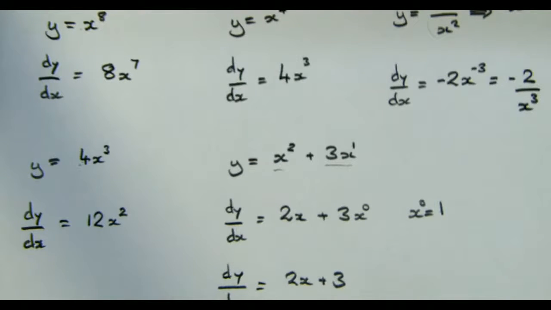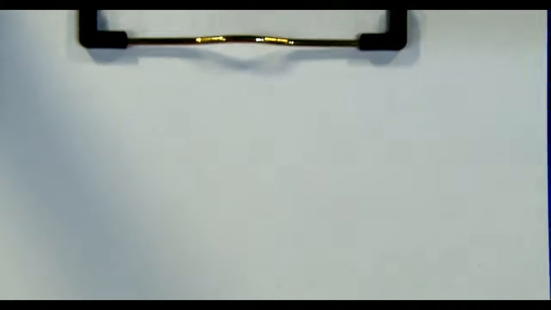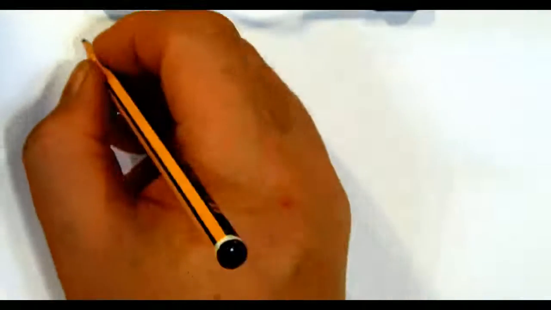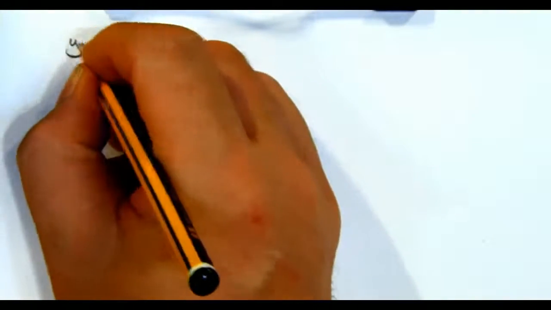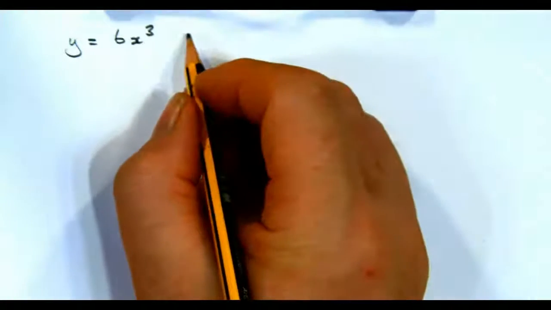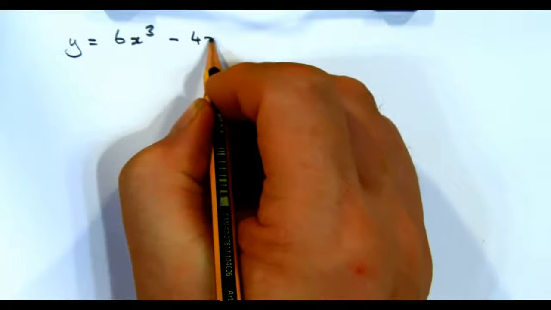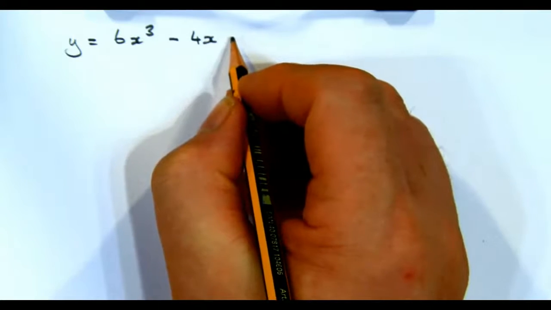Let's try just one more of those. So let's try something harder. Let's say we've got y equals 6x cubed minus 4x plus 3.